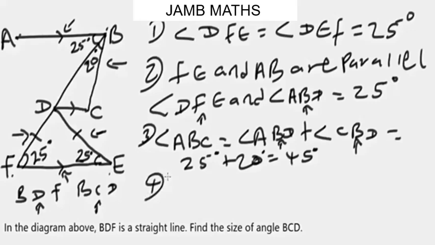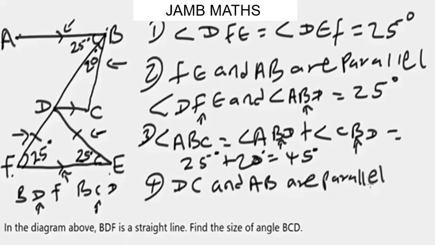Now to get our angle BCD, if you check again, you see that DC and AB are parallel also. Because of this arrow, this DC, we have an arrow here, and our AB, this arrow still exists. So they are parallel.